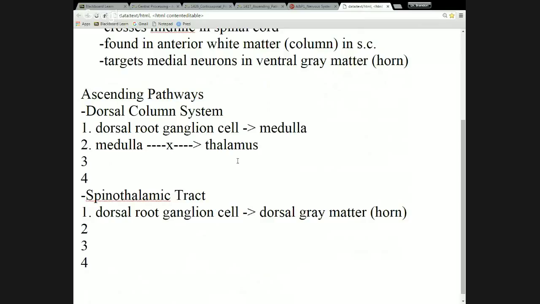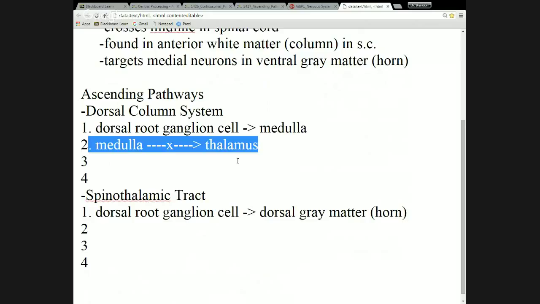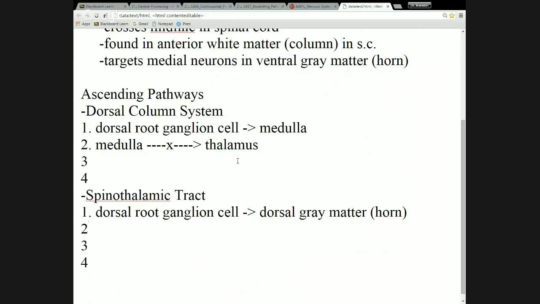And this is in the medulla. It crosses over. And then if we go down here and look at the spinothalamic tract, this is going from the spinal cord, the gray matter that I just mentioned, to the thalamus. And in fact, the name spinothalamic tract is referring to this specific neuron.